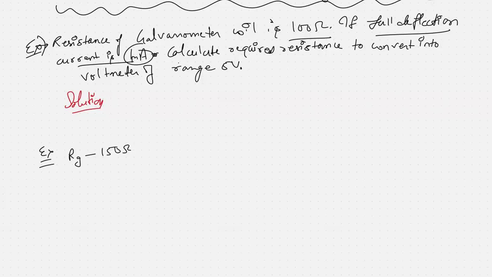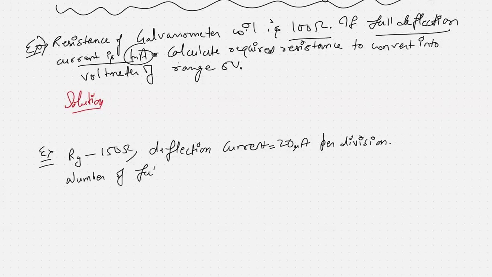And the deflection current is given as 20 microampere per division. Please remember the unit, per division. The number of full scale divisions is 100.